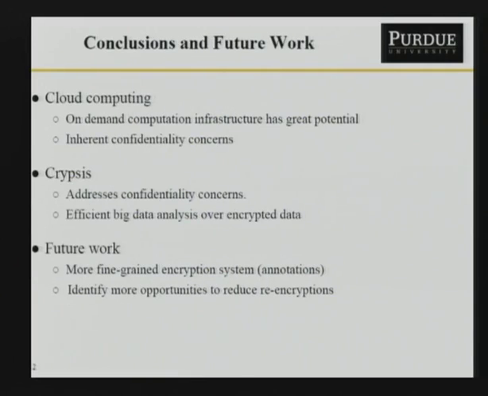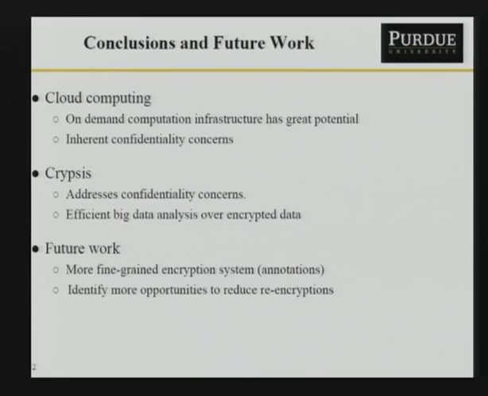Okay. So to summarize, I started this talk mentioning how important cloud computing is and how its design is cost-effective, pay-as-you-go, infrastructure on demand; it's a much better solution compared to having our own servers.